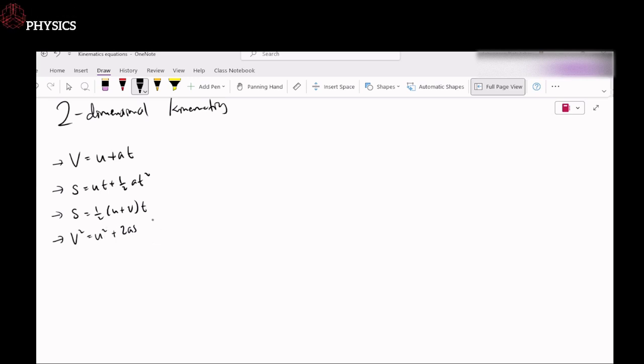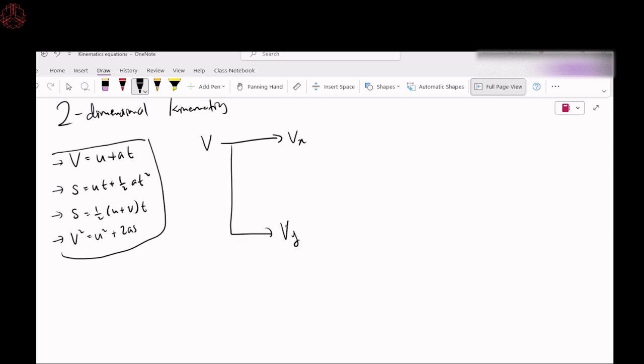Now if we were to apply this to two dimensions, we'll have to break each one of these into x and y components. So instead of having v, we will have vx and vy. We split them up, we resolve them.